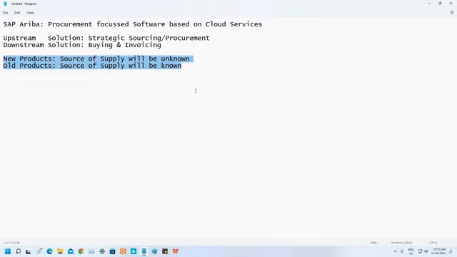So, how will you do the procurement then?